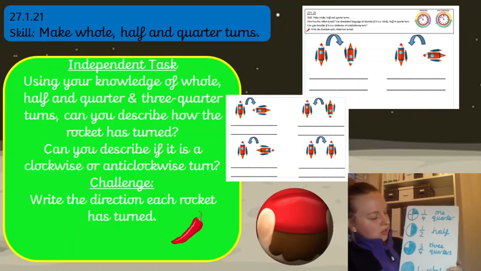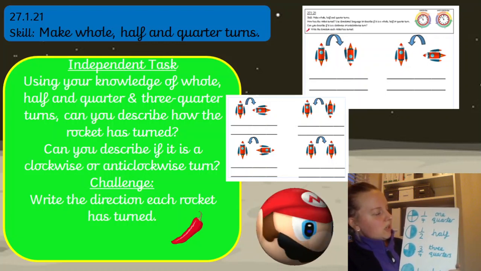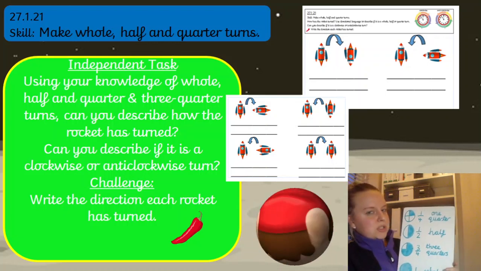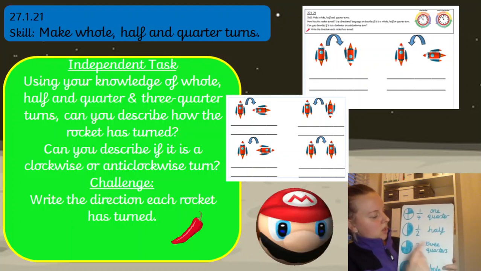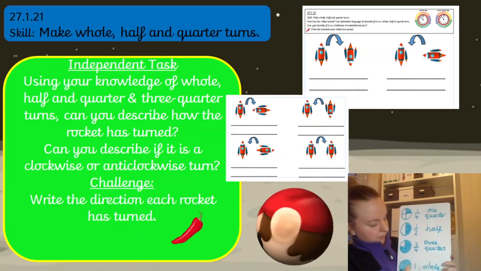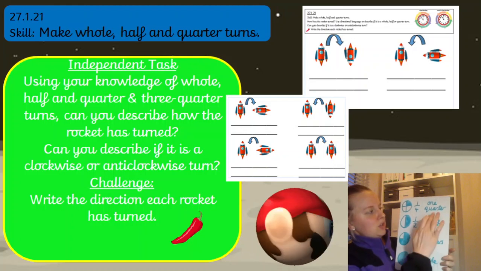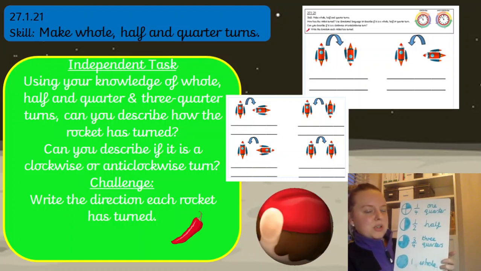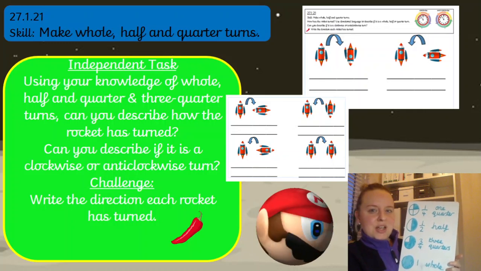Now you could, I'll hold this up closer to the camera, and you could pause the video and leave this up to help you decide whether it was a quarter, a half, a 3/4, or a whole turn. Okay, and you can use this to help you with your spelling if you'd like to write it. But if you just want to talk about it and practice, that's fine.